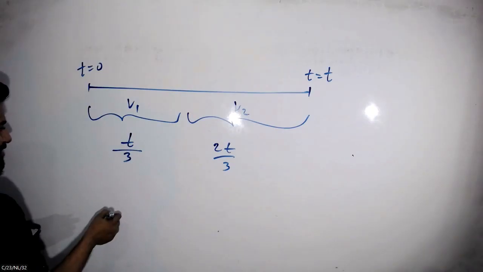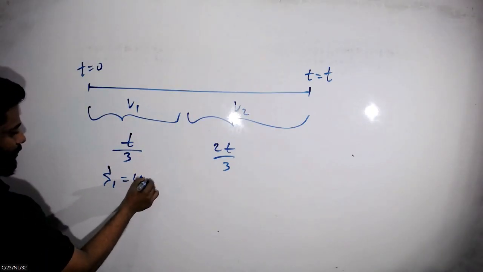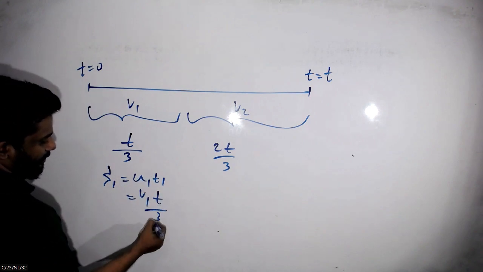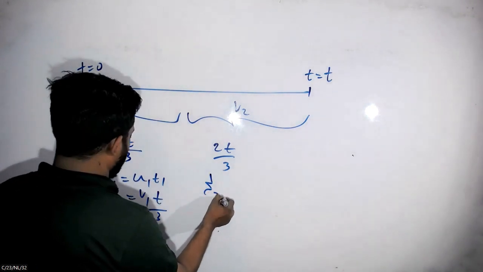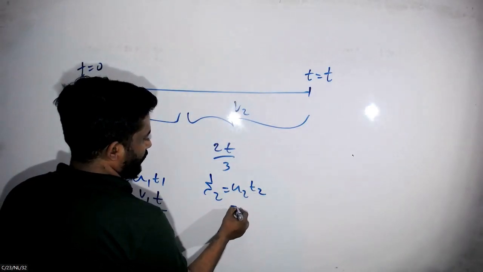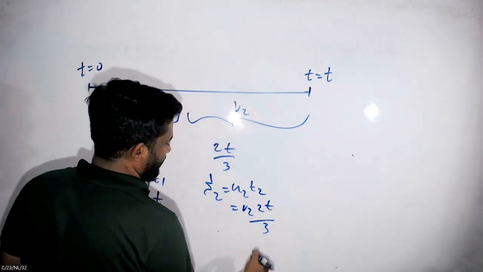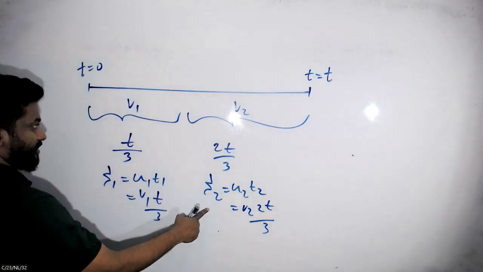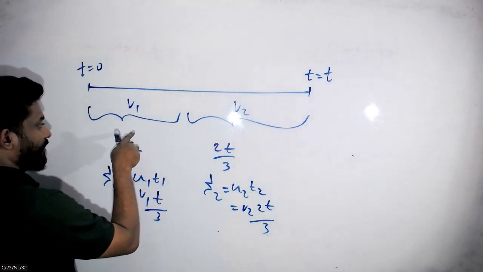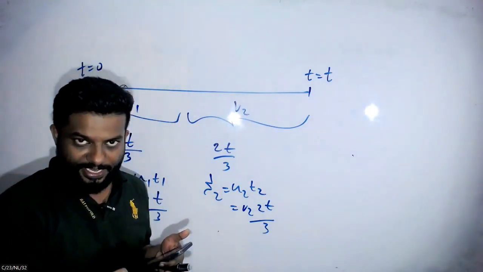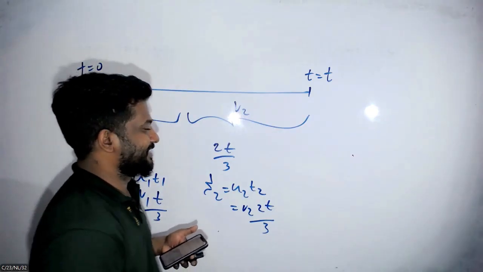The total distance traveled. S1 is equal to u1 t1, u1 is v1, t1 is t/3. Then S2 is equal to u2 t2, u2 is v2, t2 is equal to 2t/3. These are the distances traveled by the car during v1 and v2 speed. Then you can obtain an expression for the total distance.